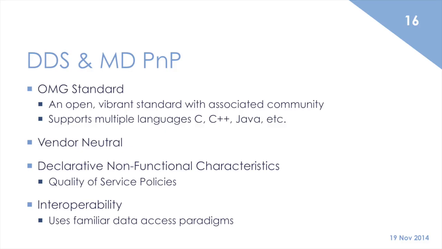The way that those messages are exchanged and the non-functional requirements that need to be met by those messages to ensure that the application sees the same system state as each device, those are controlled by these quality of service policies. So rather than having to rebuild the system to change those non-functional characteristics, they can be configured. Also, DDS imparts interoperability. It uses a very familiar data access paradigm that people can pick up and plug into.